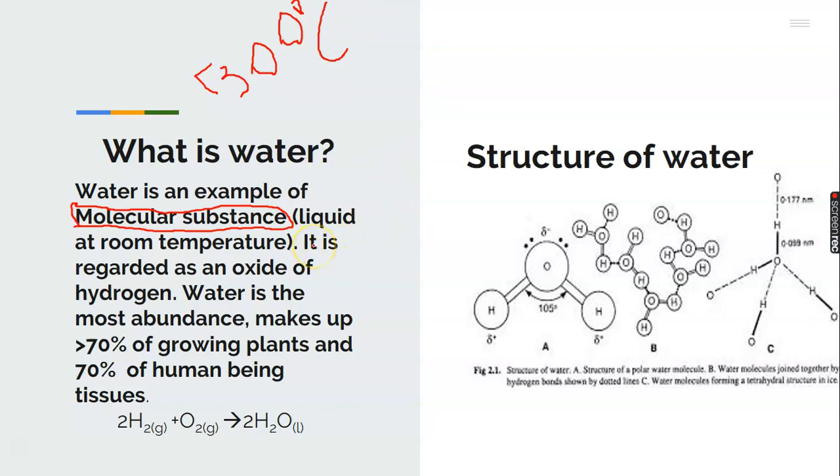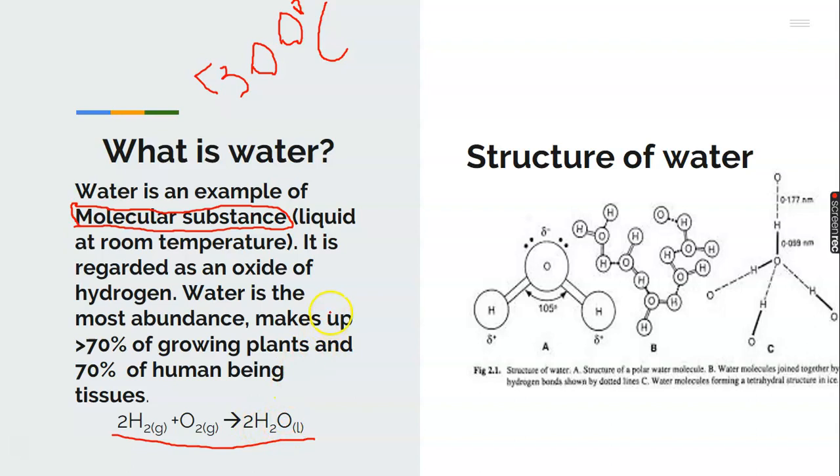It is also regarded as an oxide of hydrogen. That means it is the addition of oxygen to hydrogen, which you can see in the chemical equation down here: 2 moles of hydrogen gas reacting with 1 mole of oxygen gas to give 2 molecules of water.